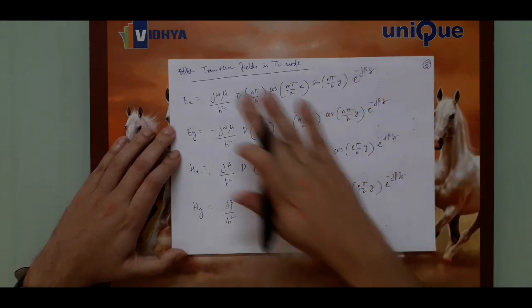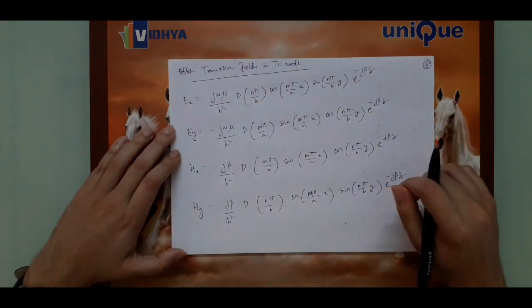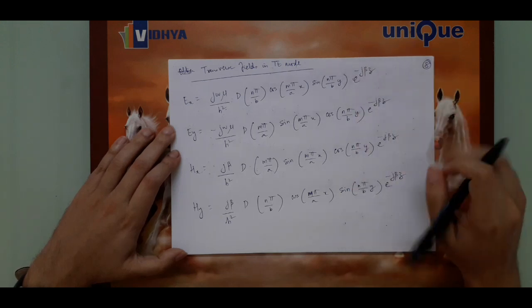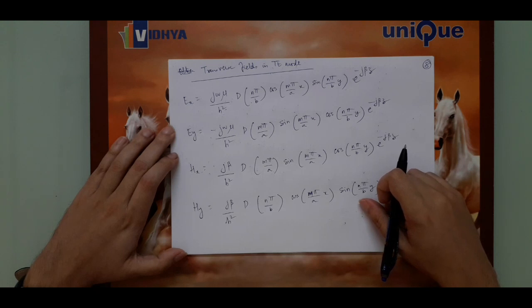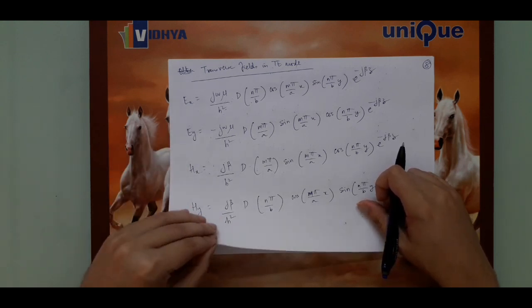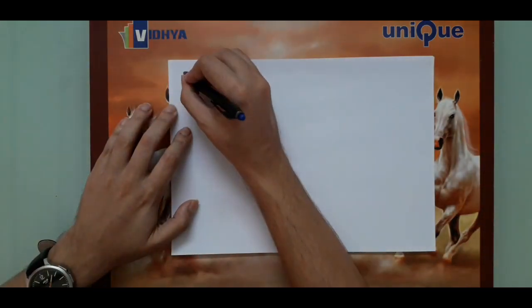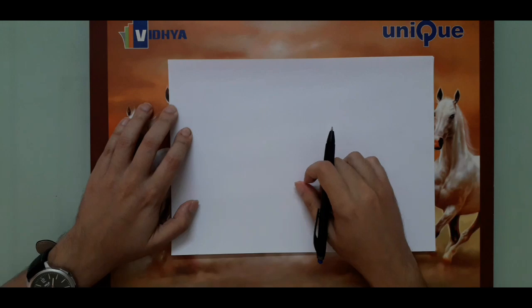Again, since these fields contribute to the wave propagation, all of them have some e raised to minus j beta z term. Lest we forget what we had started with, there is a wave which is entering the waveguide, which is the intrinsic wave.